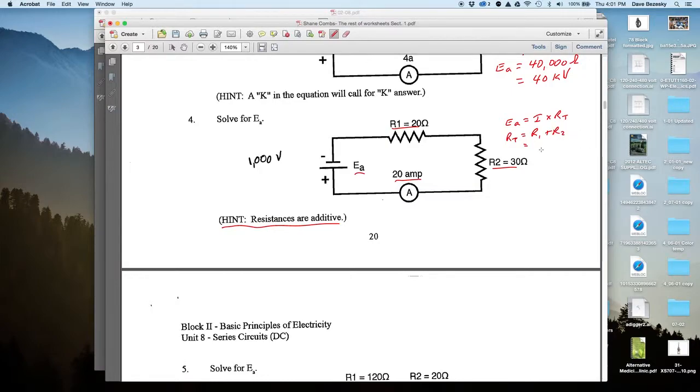R1 is 20 ohms and R2 is 30 ohms. So RT equals 50 ohms. So now we can go back and use Ohm's law to figure out what the applied voltage is using total resistance. EA equals I times RT. What's the current? 20 amps.